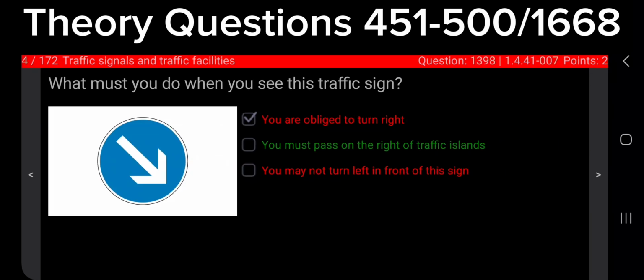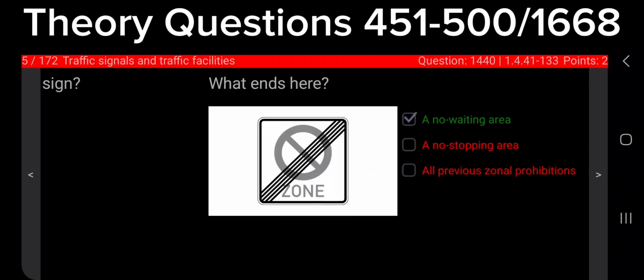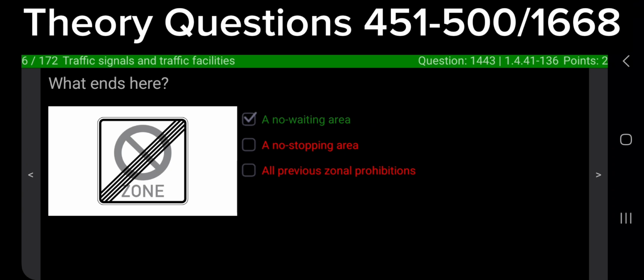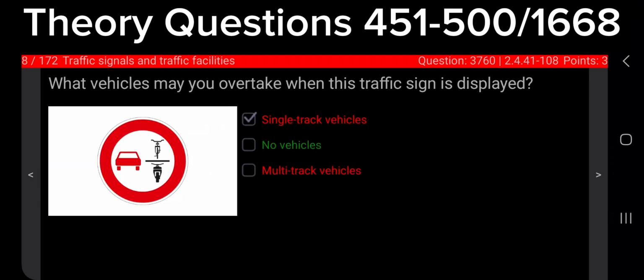You must pass on the right of traffic islands. No overtaking. Speed restrictions. A no waiting area. May not stop. No vehicles.